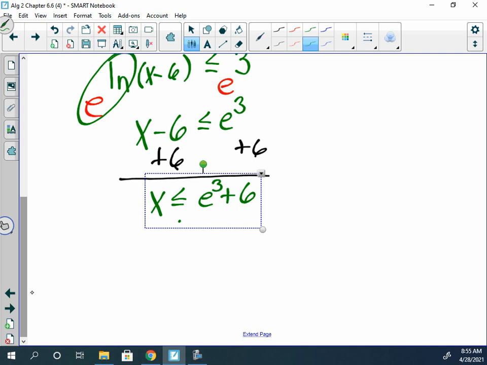Well, we have less than, don't we? So that means it could include negatives, and we can't have negatives inside of the natural log. So what was inside the natural log was x minus 6. Now this has to be greater than 0.